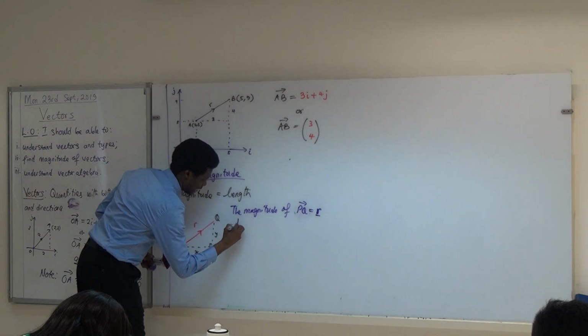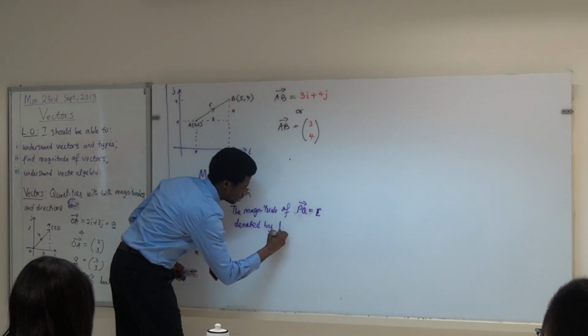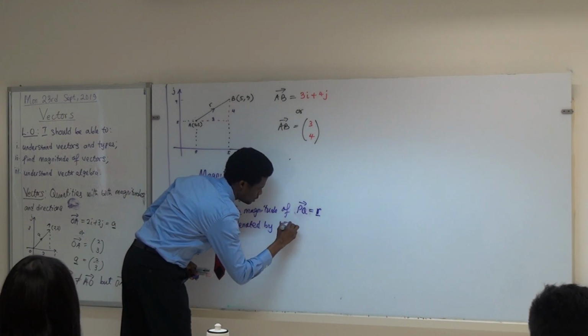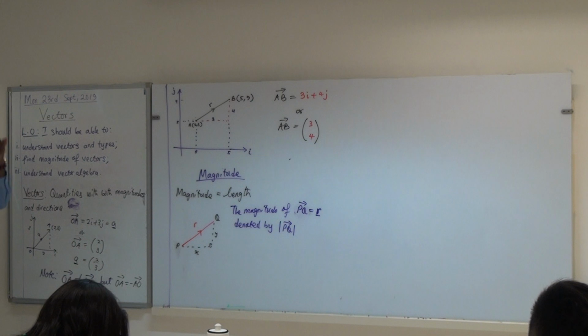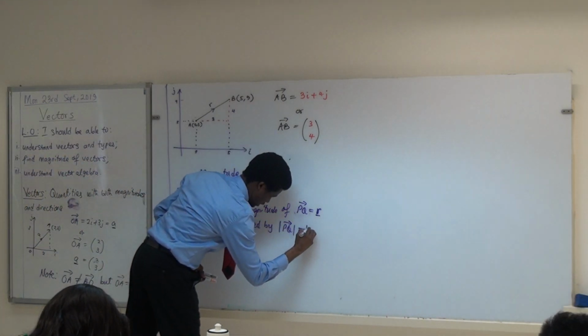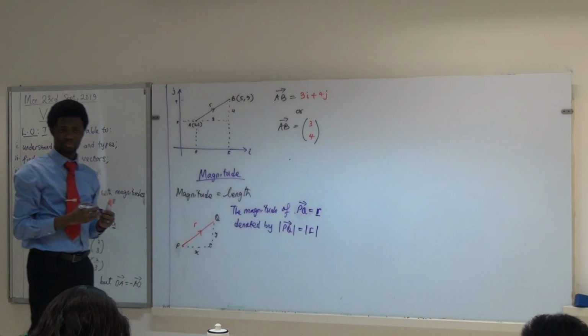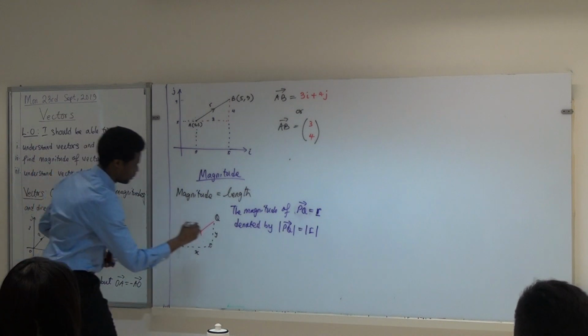The magnitude is denoted by two bars, like absolute value.